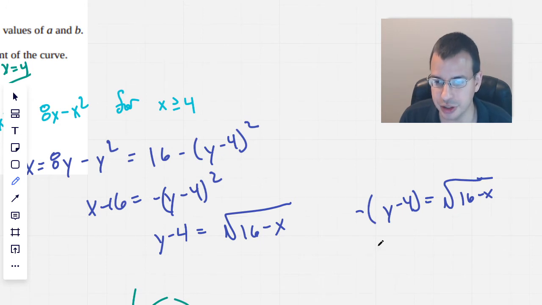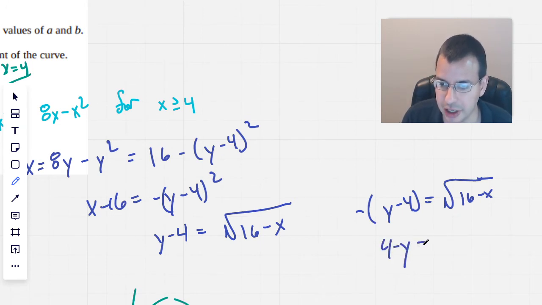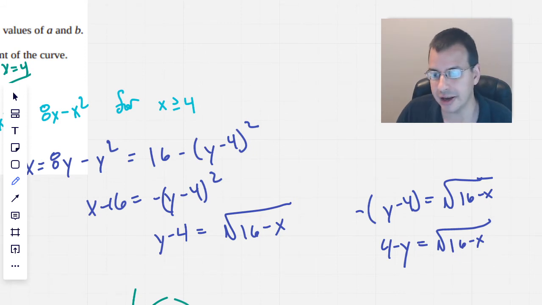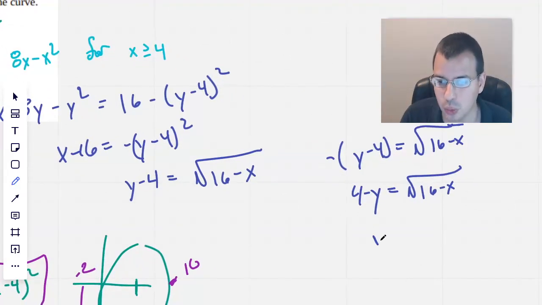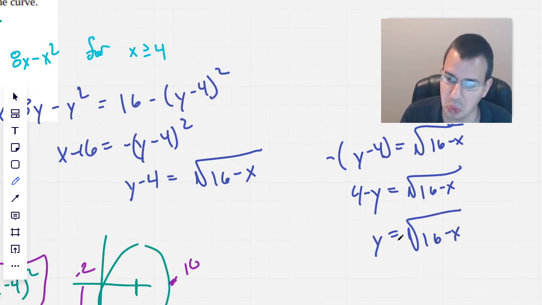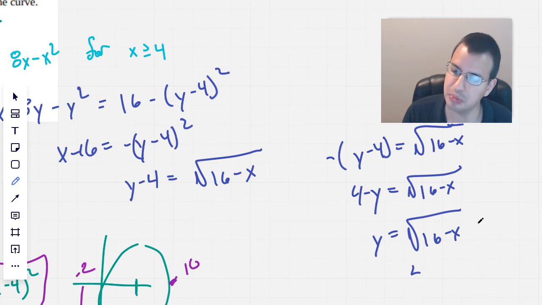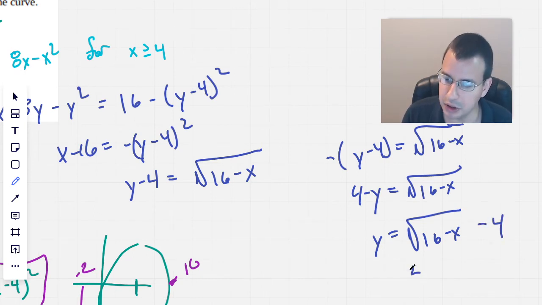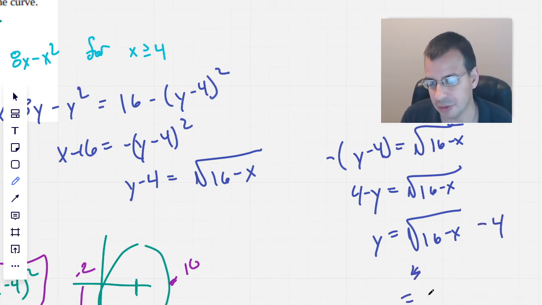Looking at this one real quick, this would be the same as 4 minus y equals the square root of 16 minus x. And y equals the square root of 16 minus x minus 4.